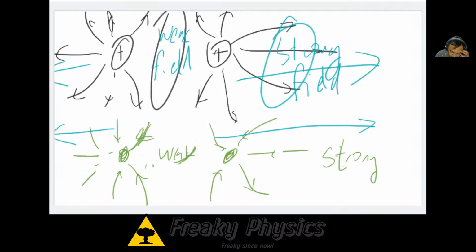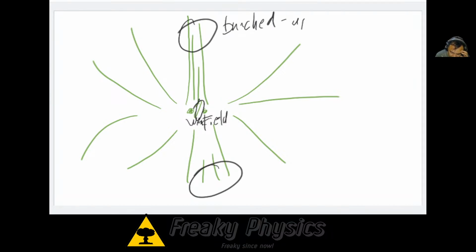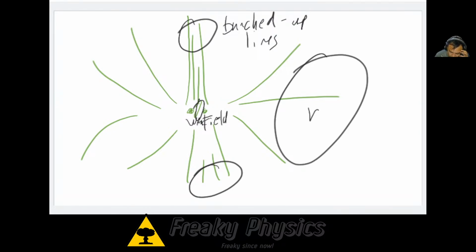I'll change color again. Even though in this section the field is weak, here you can see that these portions are pretty bunched up lines, but here these are more or less stable.